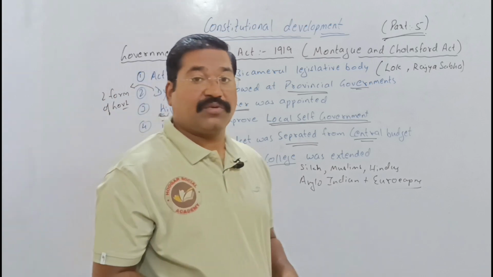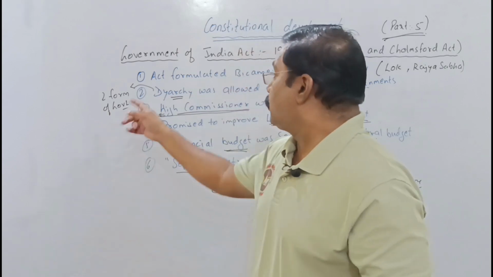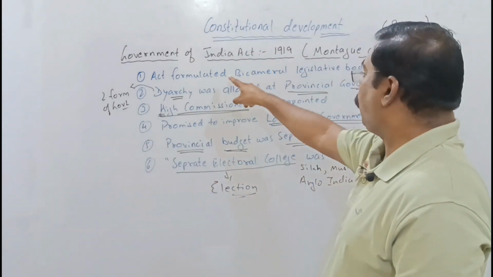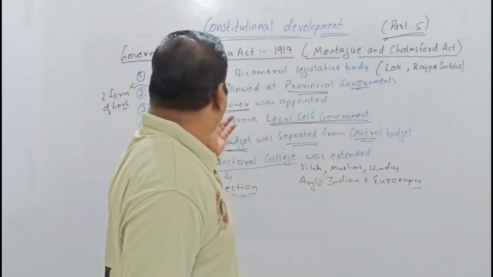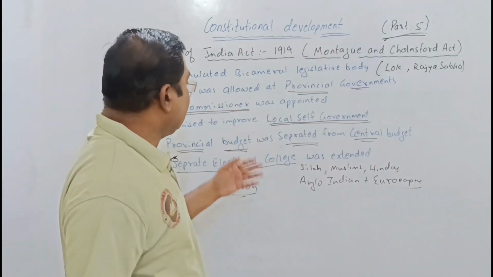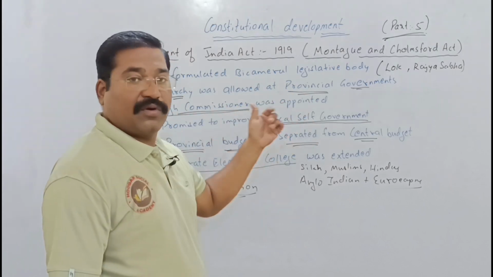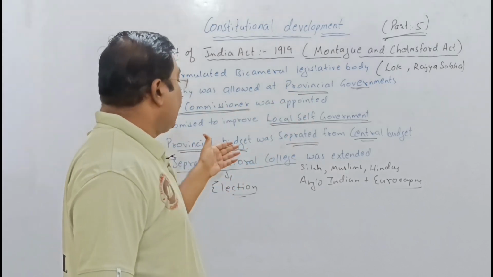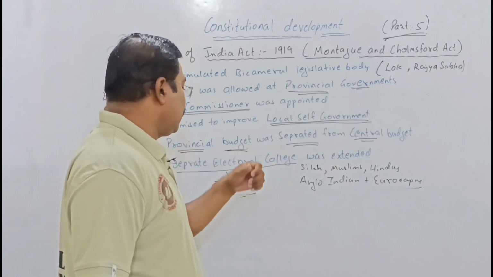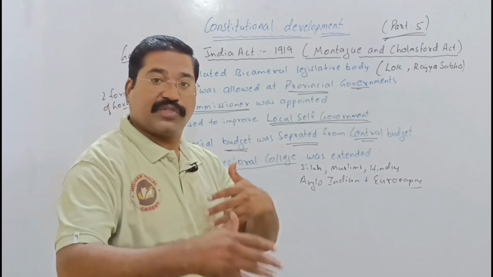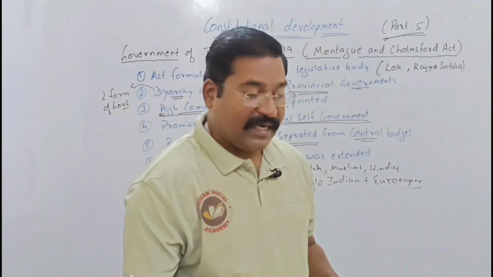But the divide and rule policy continued as usual, so there were no changes. So the Government of India Act 1919: bicameral legislature in the name of Lok Sabha and Rajya Sabha, Dyarchy at the central and provincial level, High Commissioner as a new post, local self-government was mentioned, and the budget was made separately for the provincial as for the central, and once again separate electoral college was extended.